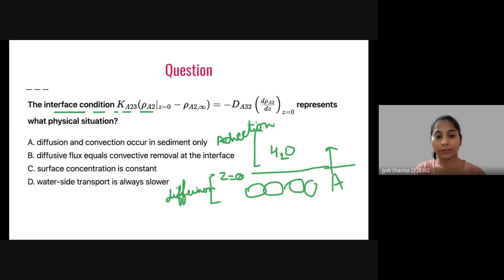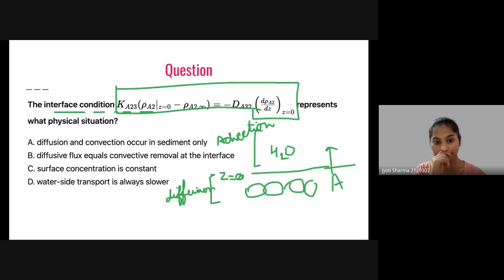So now you have to tell me what this equation is representing. Let me tell you. Here, this is diffusivity, and this is the change in concentration of A in the pore water with the distance z.